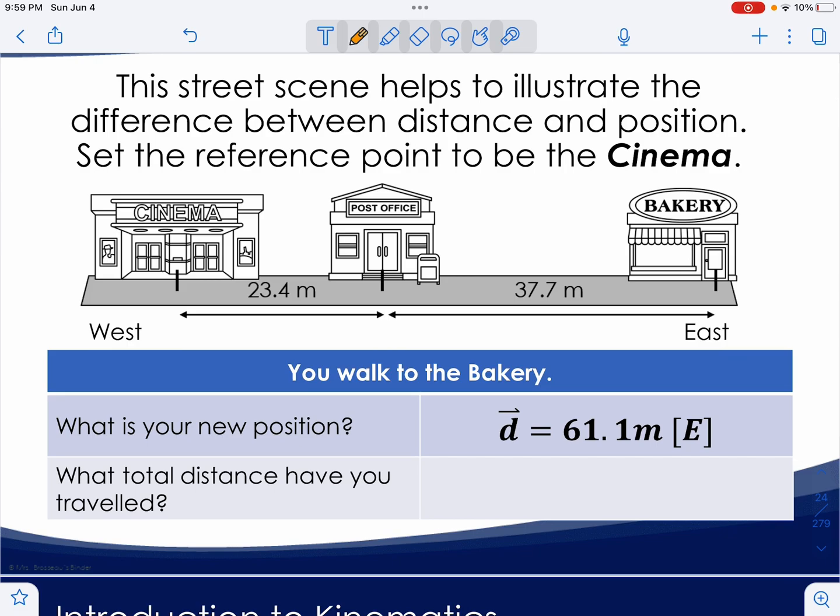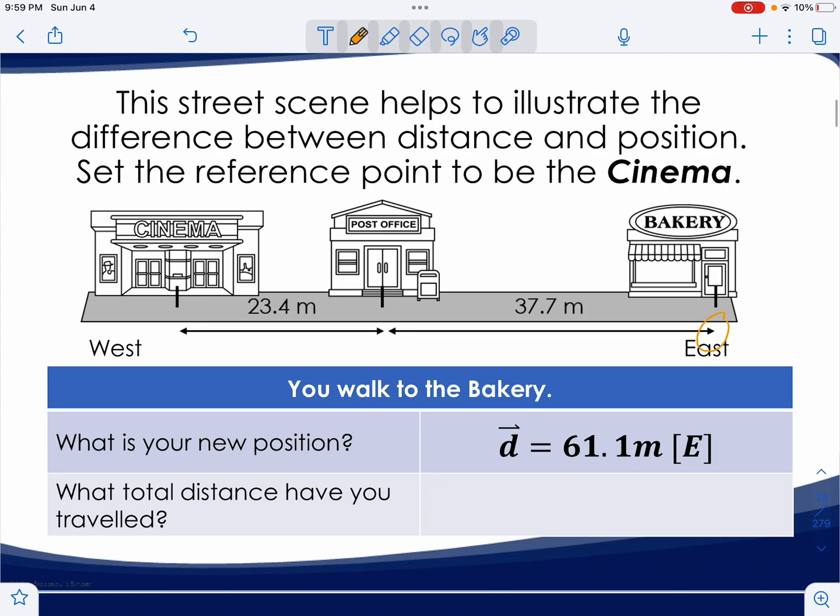Okay, your new position, now that you're here, and this is the beginning position, you could add these two up, which adds up to 61.1 meters. So you're 61.1 meters east of the starting position. But what is the total distance you've traveled?